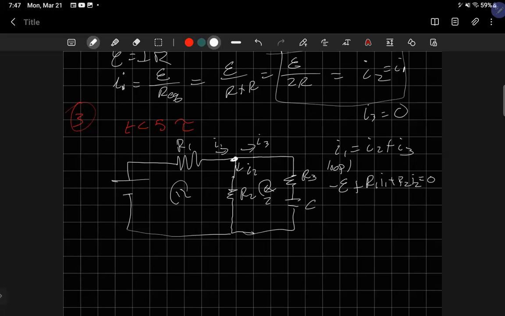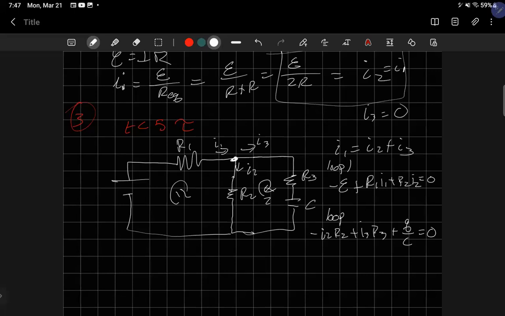And then for loop 2, let's start with I2, so we get negative I2 R2 plus I3 R3, and then plus Q over C equals 0.